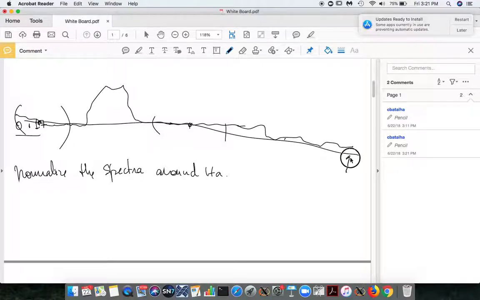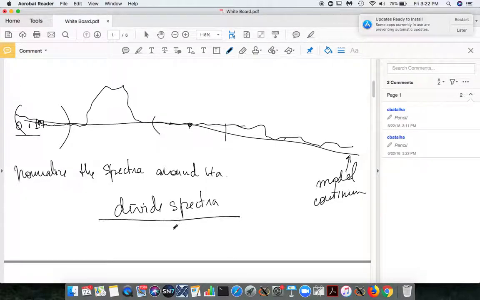So here is your model for the continuum, and then what you do, you divide the spectra by the model.